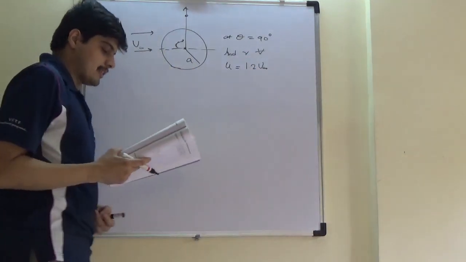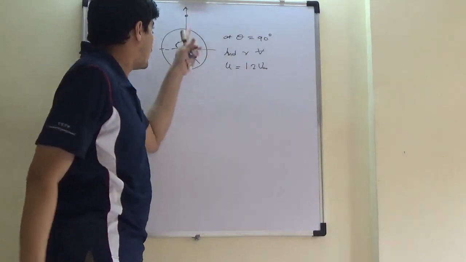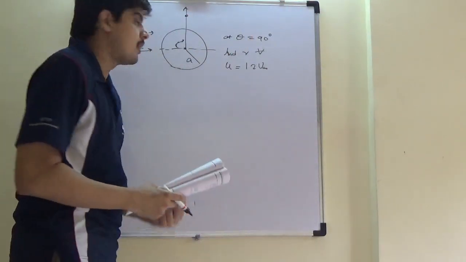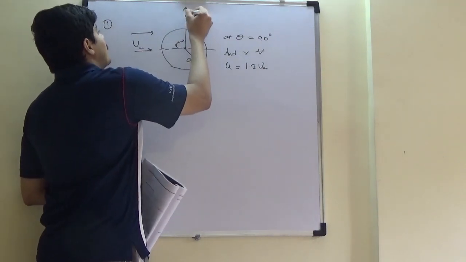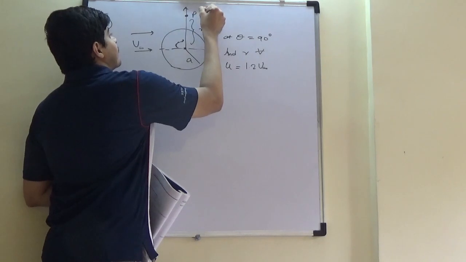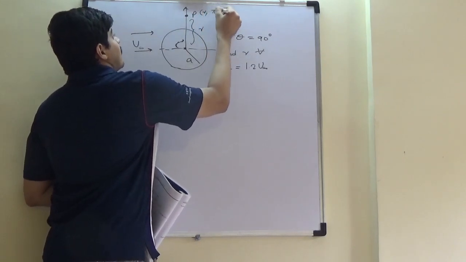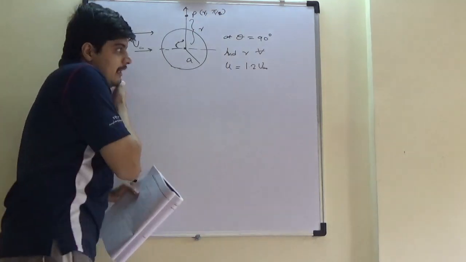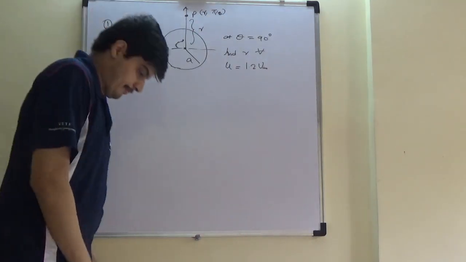So this is a typical cylinder problem wherein we have been asked to find, on this axis where theta is 90 degrees, a pinpointed location P at a distance r, with coordinates r comma pi by 2, where the velocity is 1.2 U infinity.